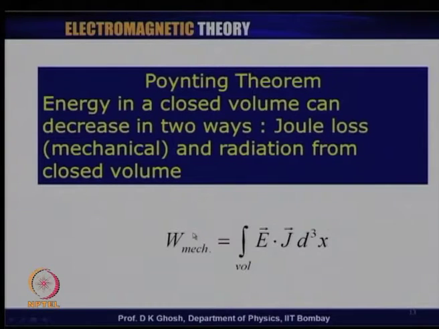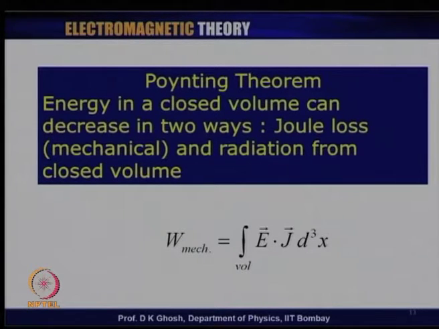So, what we said is that if I have a field or a collection of charges and currents in a closed volume, then this is of course a place where there is energy stored. Now, this volume can lose energy. First, by dissipation, which we called the mechanical loss, and secondly, by radiation leaving the surface which bounds this volume.